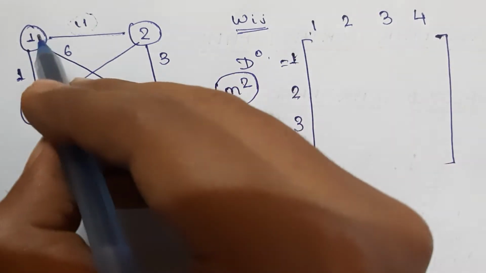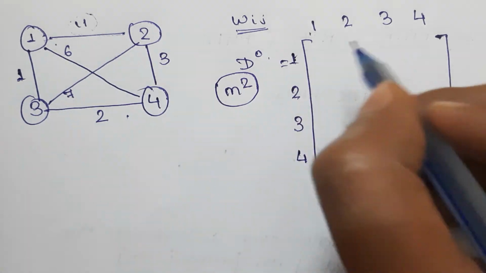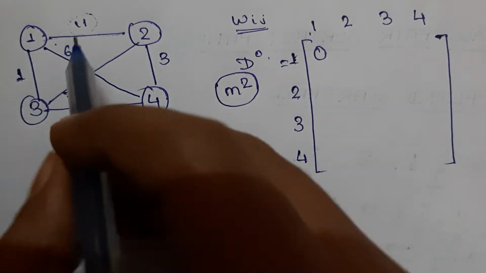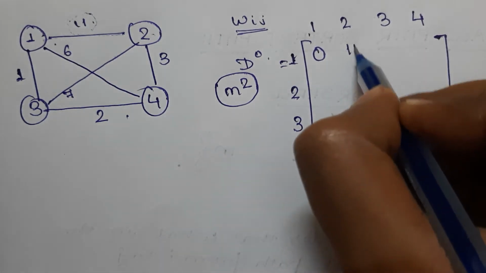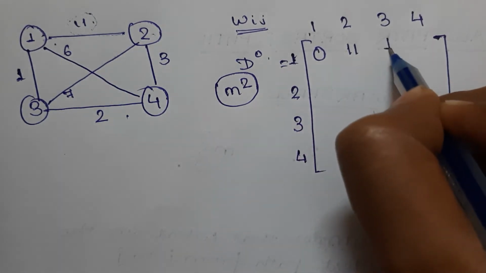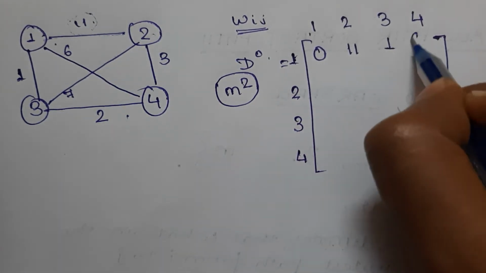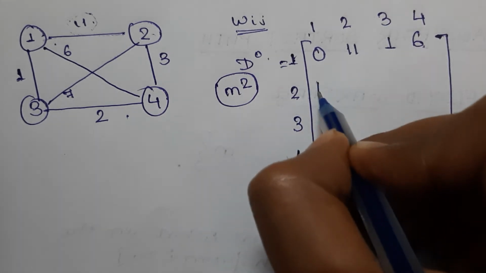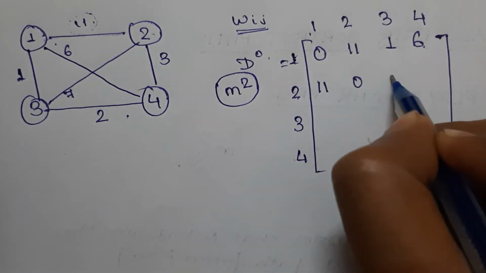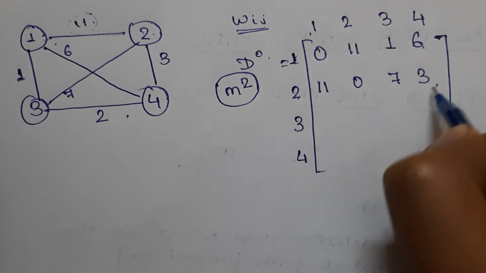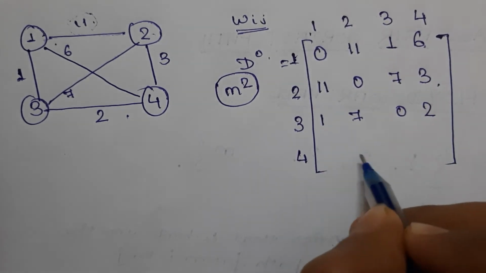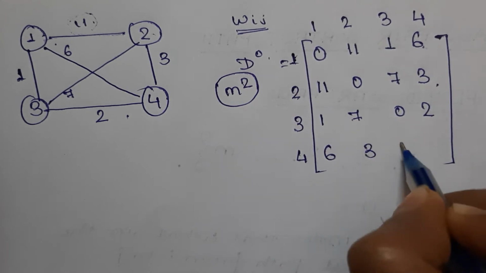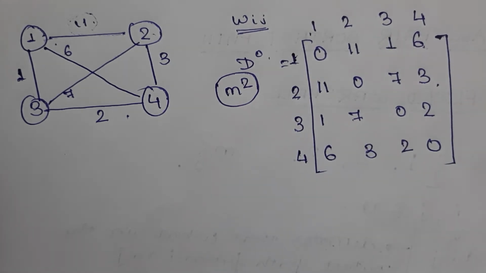So 1 to 1, as there is no self loop, it will be 0 weight. 1 to 2, what is the weight? 11. 1 to 3, it's 1. 1 to 4, it's 6. Similarly, 11, 0, 7, 3, then 1, 7, 0, 2, and 6, 3, 2, 0.